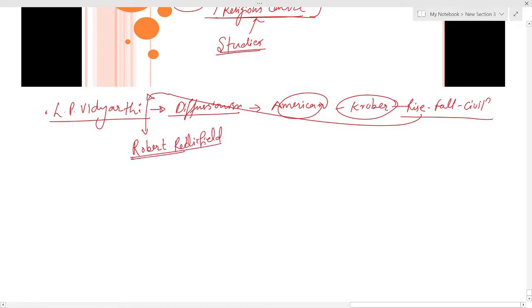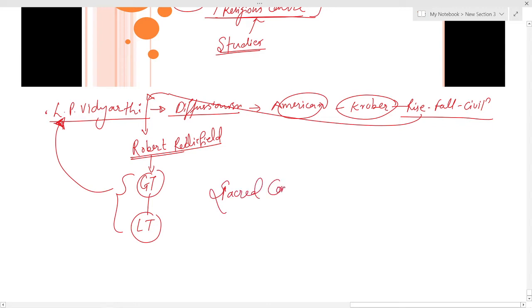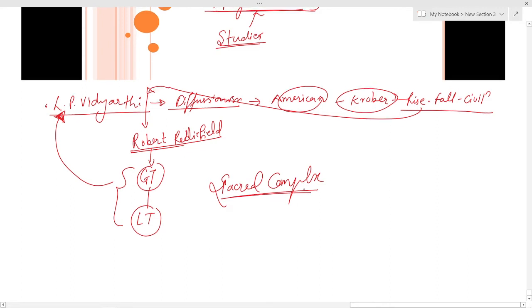Robert Redfield took the concept of rise and fall of civilization in the form of great tradition and little tradition, and this concept was used in the Indian context by LP Vidyarthi, and hence we are doing the topic called sacred complex. I hope you got the context of why we are doing LP Vidyarthi here.